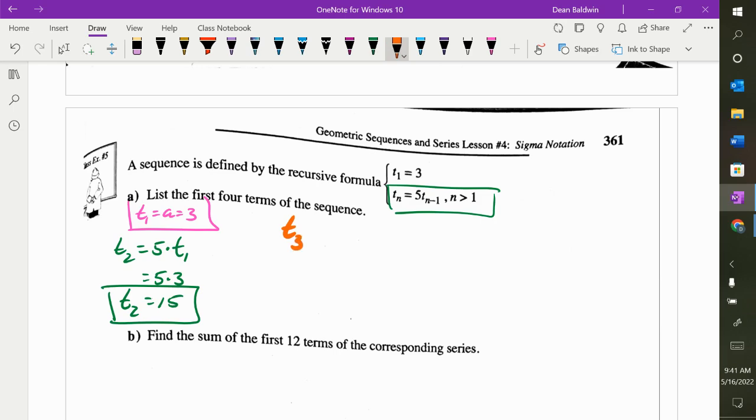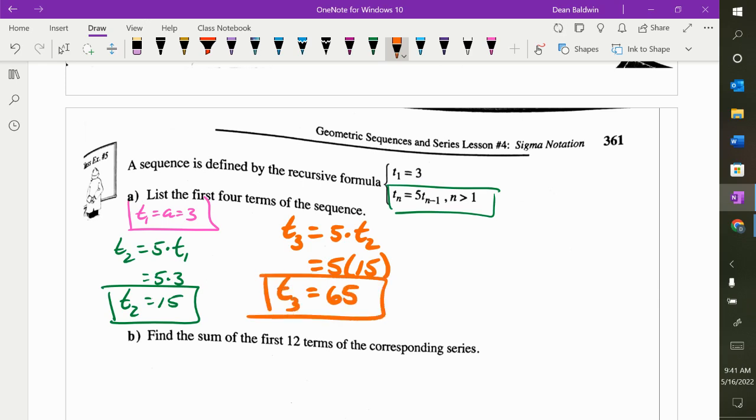T3, so you put 3 in for n, you get 5 times T2. T2 is 15. That gives me 65. That's my third term.